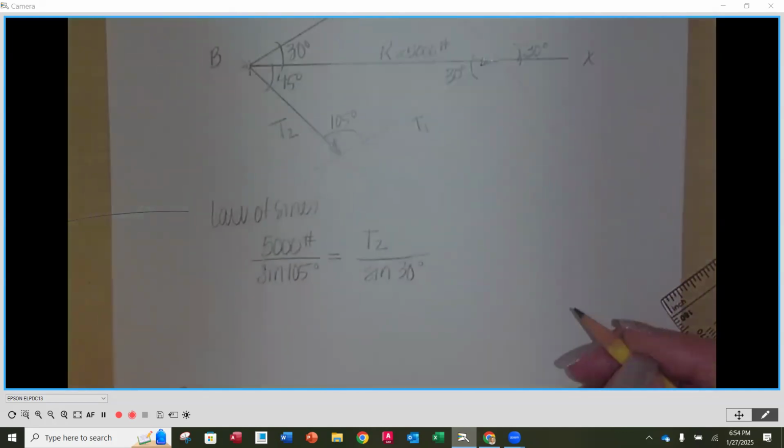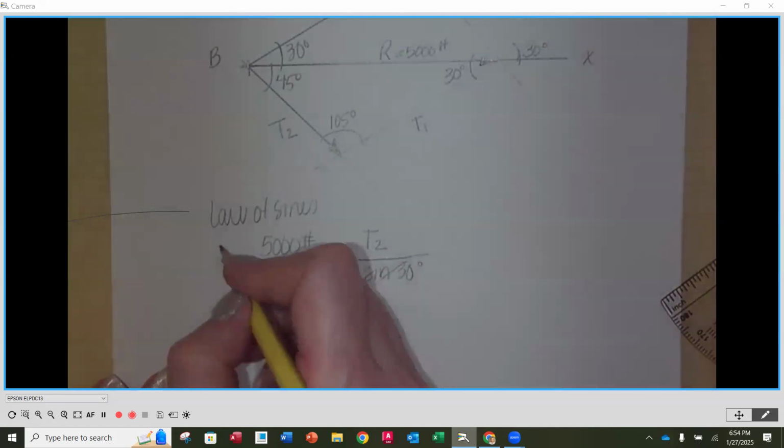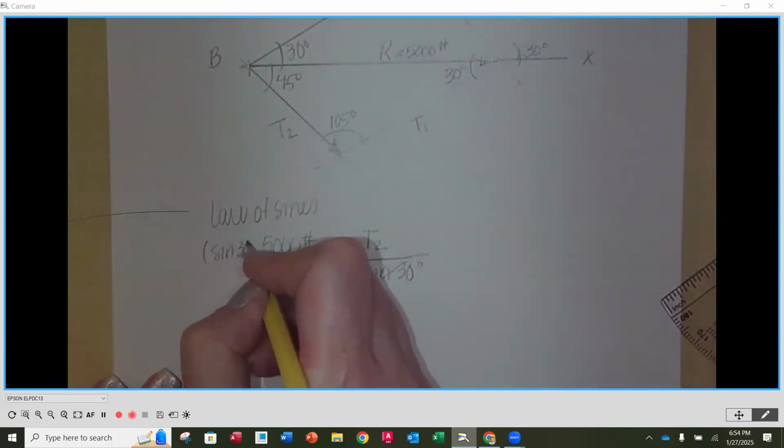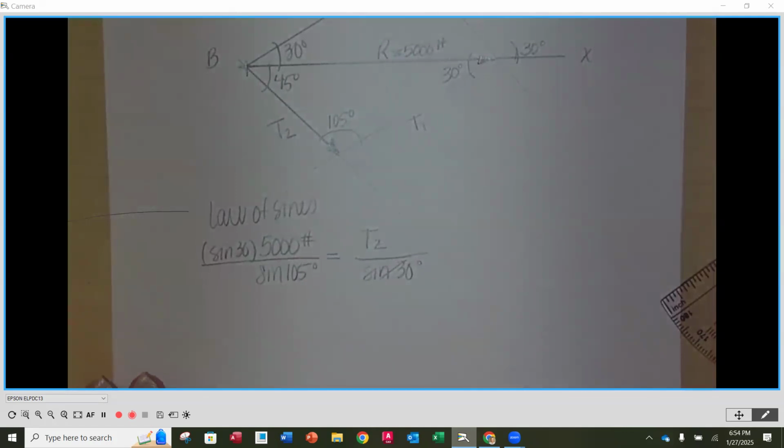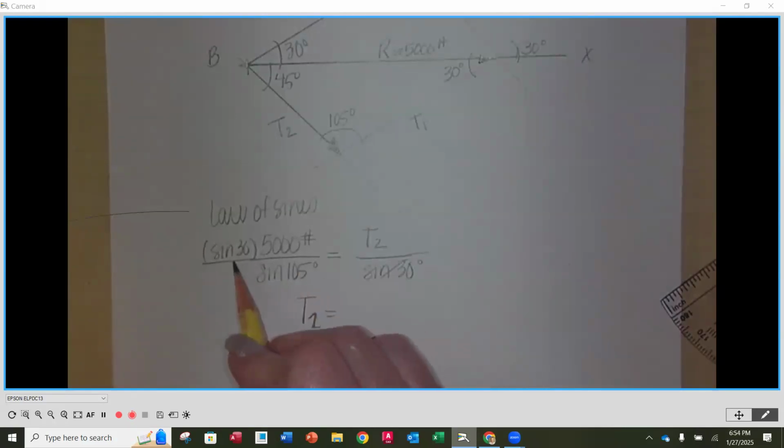Okay. So multiplying sine 30 up on top, right? Multiplying on both sides, multiplying it up here. So my T2 is going to be 5,000 times sine of 30 divided by the sine of 105.